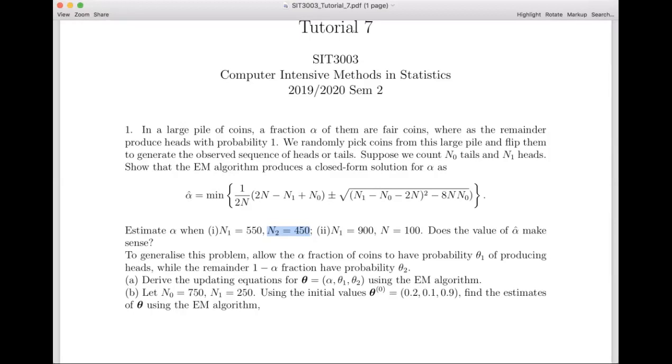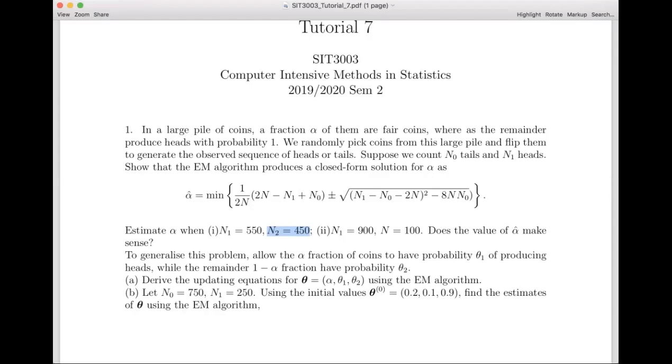Yeah, it should be close to 1, right? Because it's only when it's close to 1 that you get to toss a fair coin, and then only you can see a tail happening. Okay, so intuitively, you'll know that for situation 1, your alpha should be close to 1, yeah?